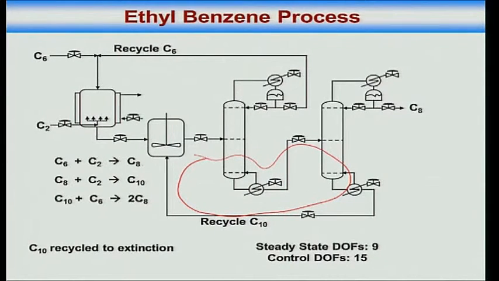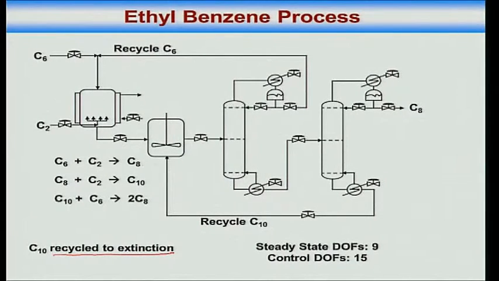Yes or no? And then you will have no net formation of diethyl benzene in your process. This is called recycling diethyl benzene to extinction. Does that make sense? So diethyl benzene is recycled to extinction.